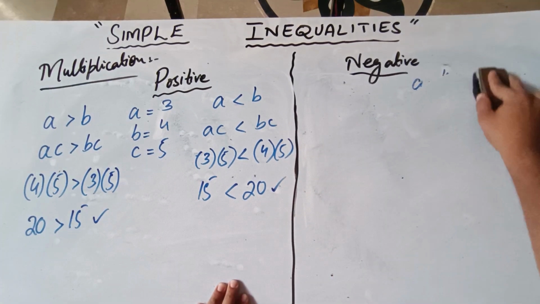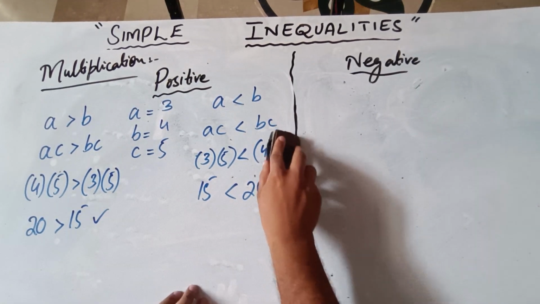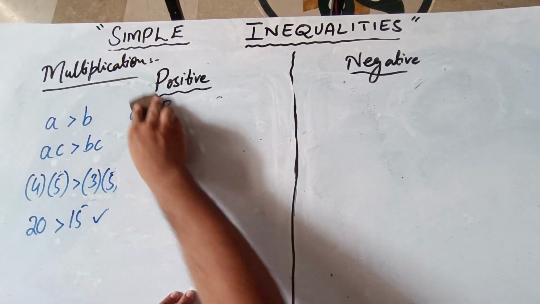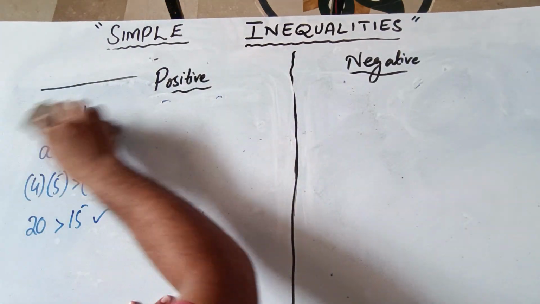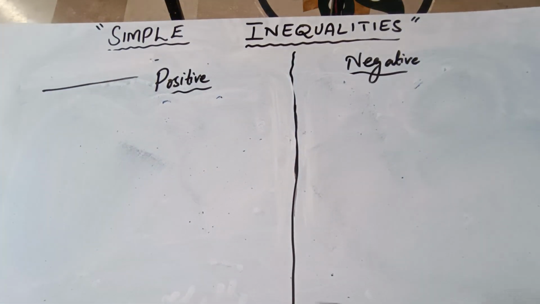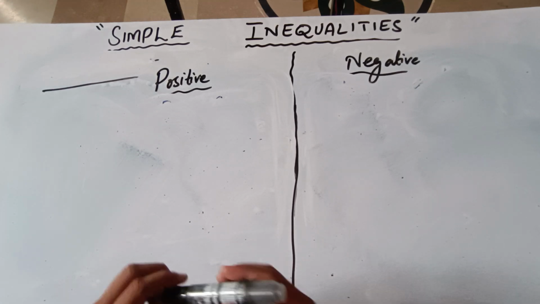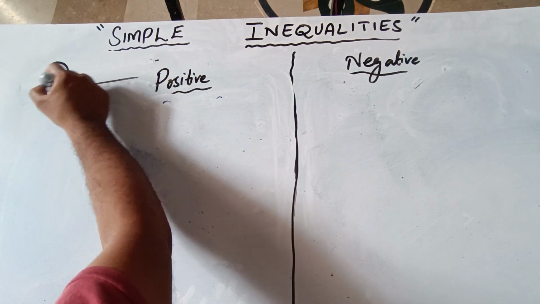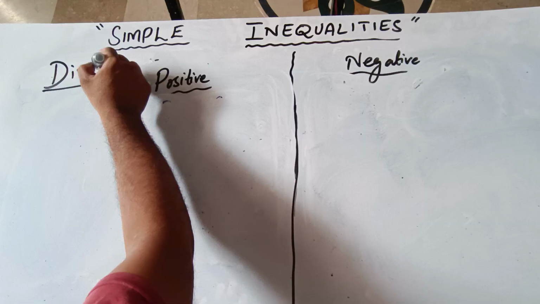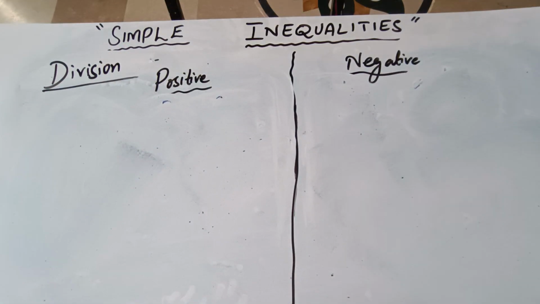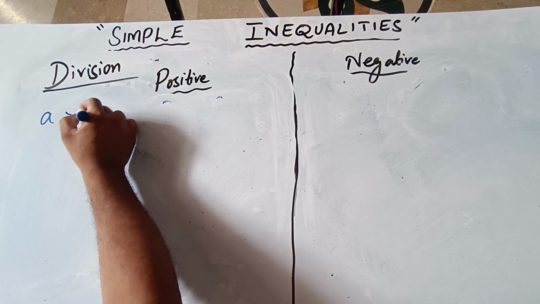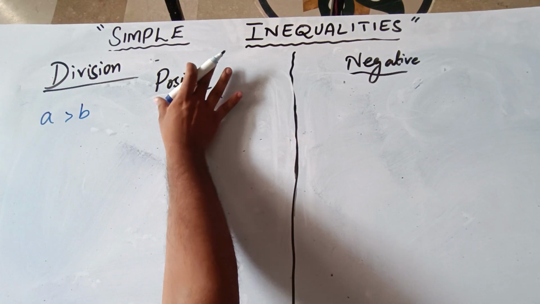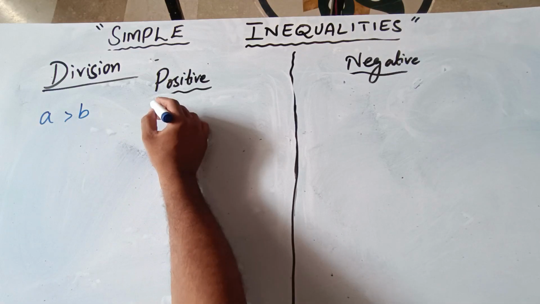In case of division, we will see both the cases, by a positive number and by a negative number as well. So now let's discuss the properties of division by a negative number and by a positive number. If the original inequality is, for example, a is greater than b, so the value of a should be greater and the value of b should be smaller.